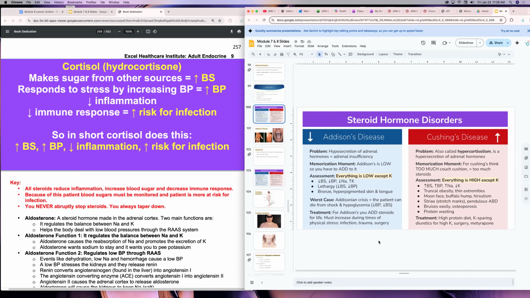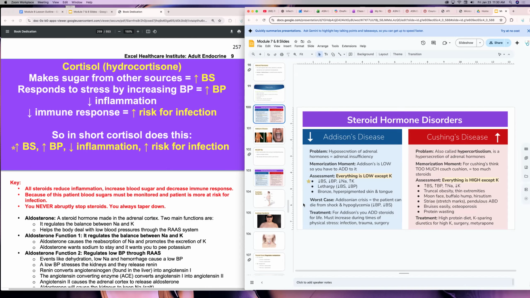So why are blood sugar, blood pressure, and sodium low? Because remember what steroids do. On page 257 in your study guide, steroids increase blood sugar, increase blood pressure. So if somebody has low steroids, their blood sugar will be low and their blood pressure will be low.